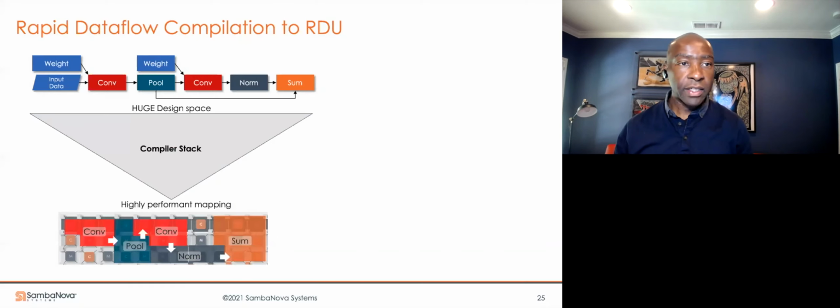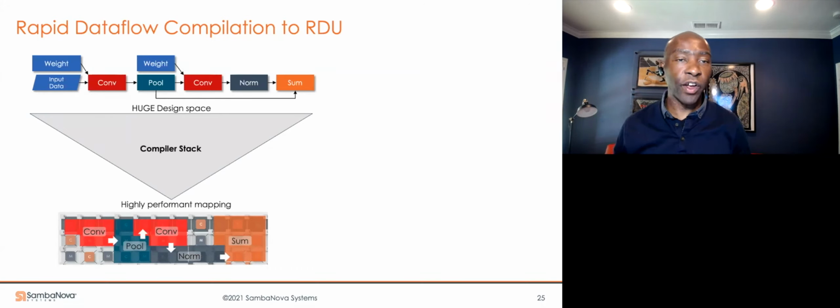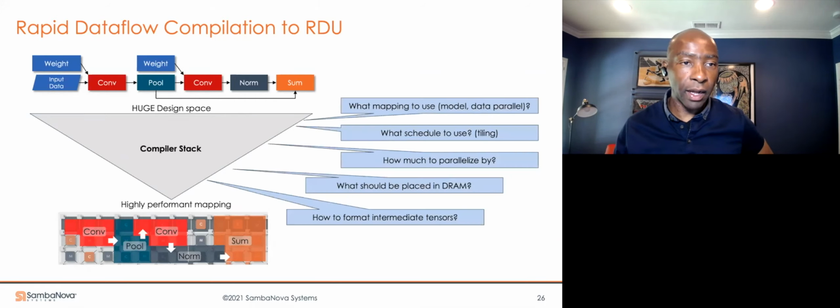And so the whole idea then is that you've got your data flow graph of machine learning kernels, machine learning operations, and you want to map it down to something that runs very efficiently in space on the RDU. And there's this huge design space that you have to potentially traverse in order to come up with an efficient mapping. And you want to do this quickly, of course, because you don't want to wait days for the compilation to finish, right?